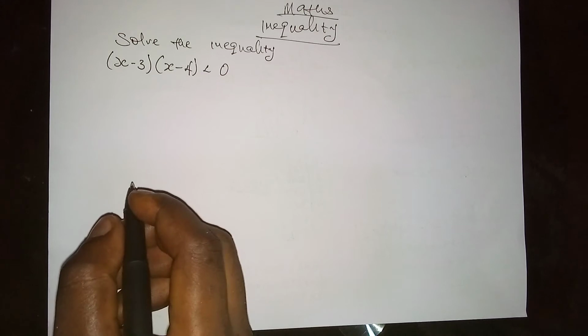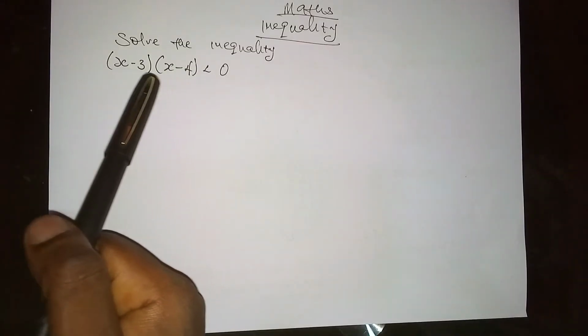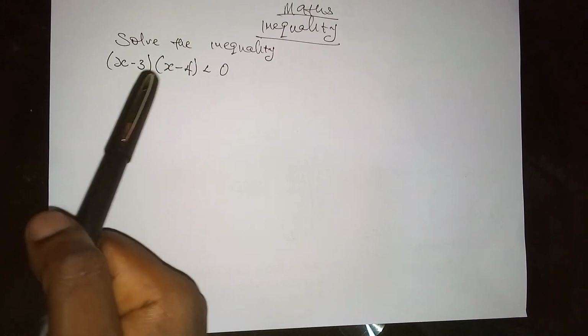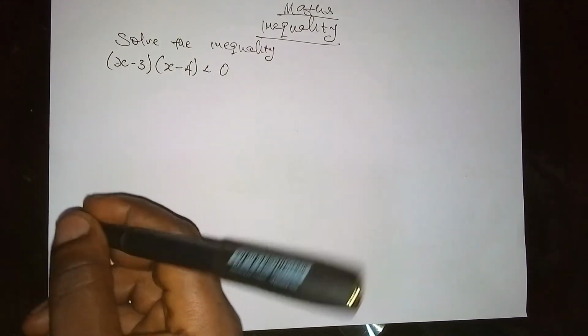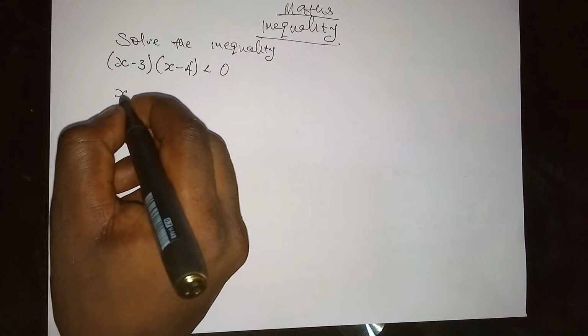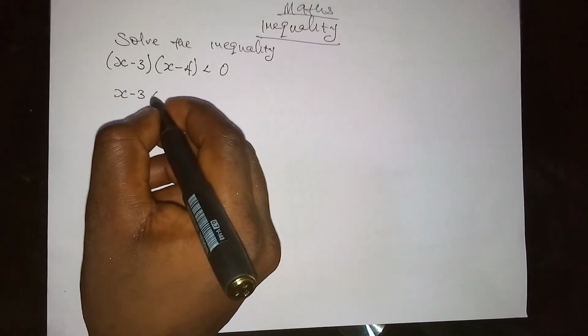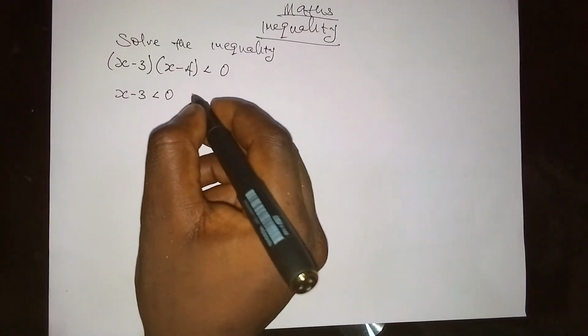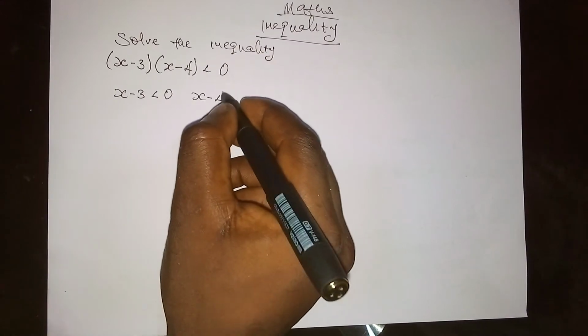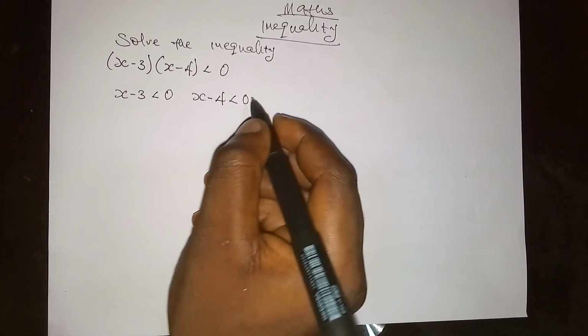Now, we are going to look for the value of x for each of the factors. We have x - 3 < 0 and x - 4 < 0.